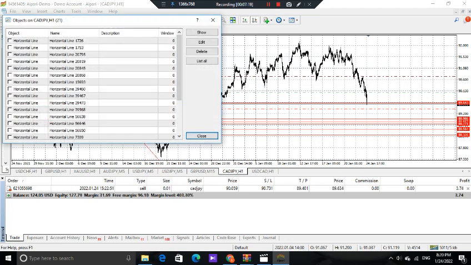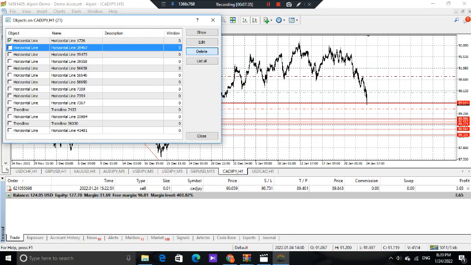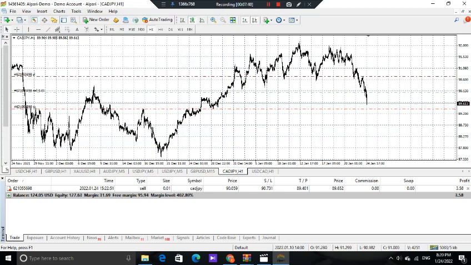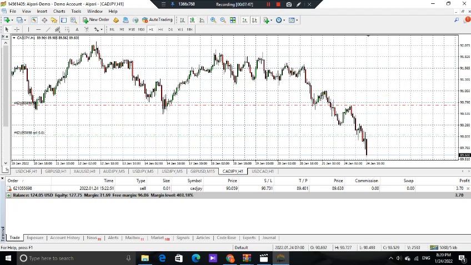And yes, as you can see, it's doing its job very well. Sorry for the noise. Yes, I put my take profit here and my stop loss above this pullback, above this top.